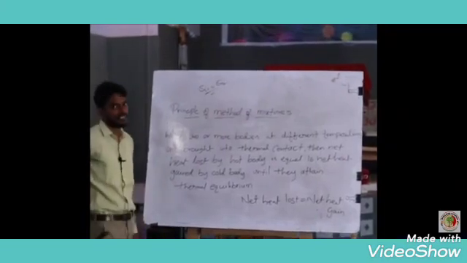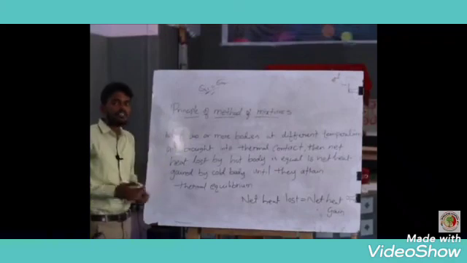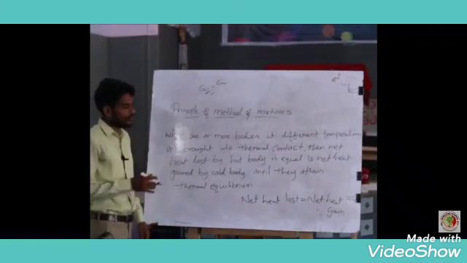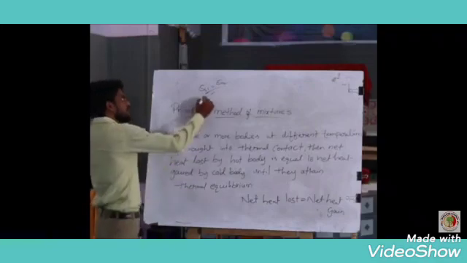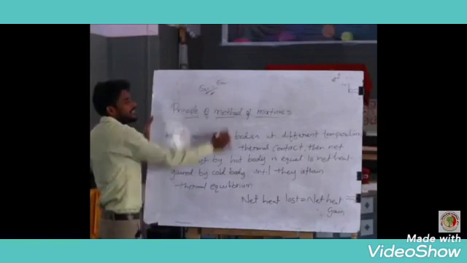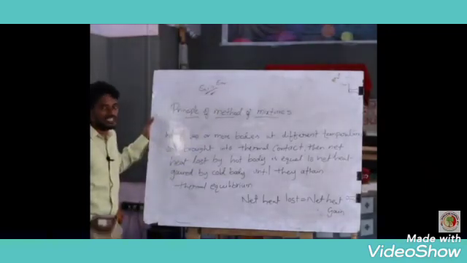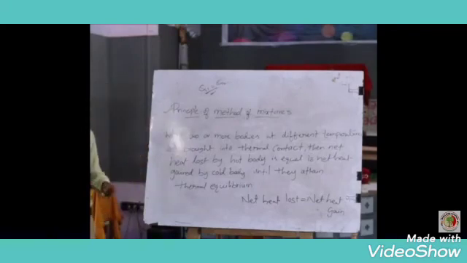That means the same temperature. There onwards no heat flows because the temperature is the same. Finally, net heat lost equals net heat gained, always. How much heat is lost equals how much heat is gained. This is the principle of method of mixtures.